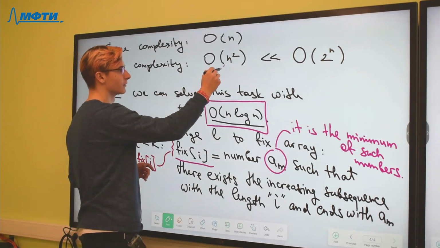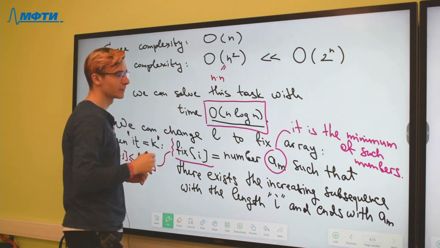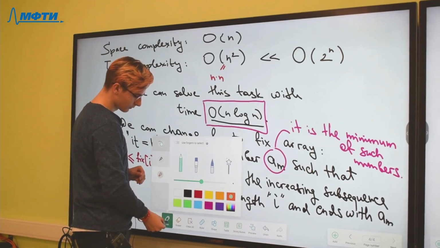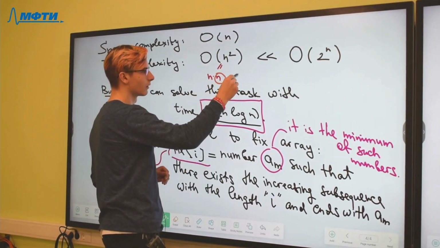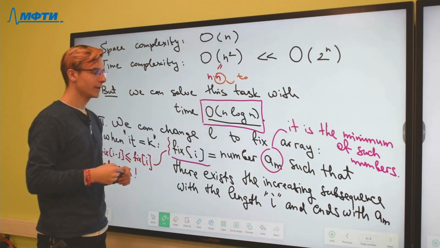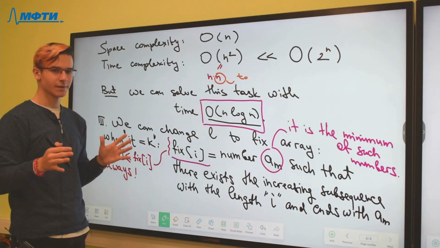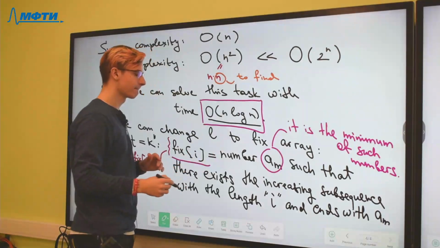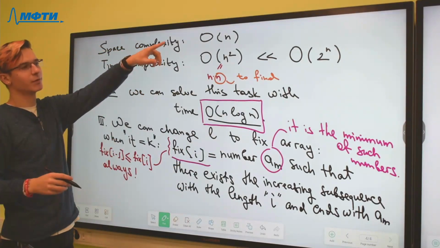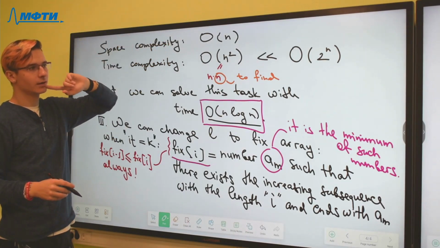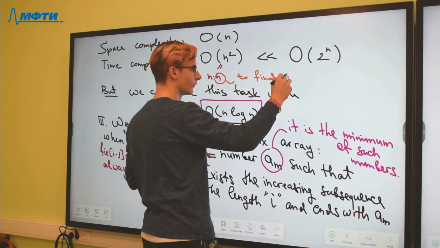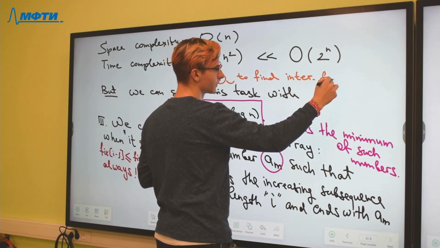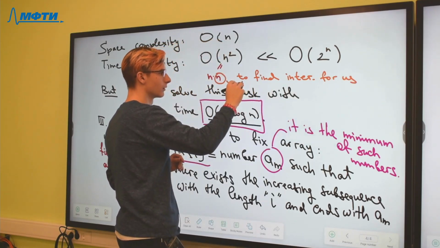We remember that it's equal to n squared, or multiply n, and we spent this time to find the longest subsequence, to find the interesting index of m.